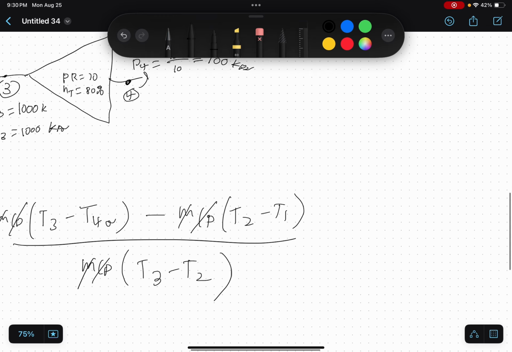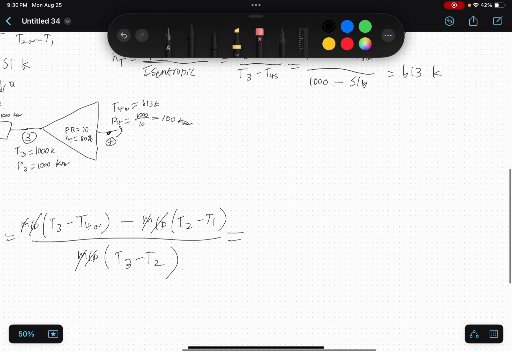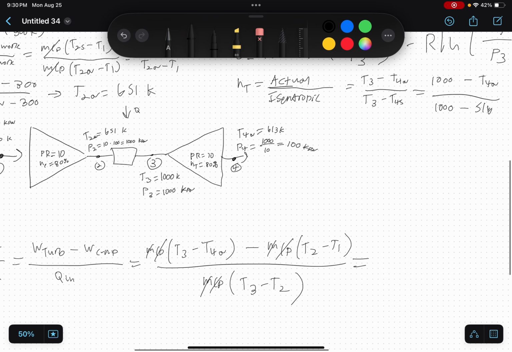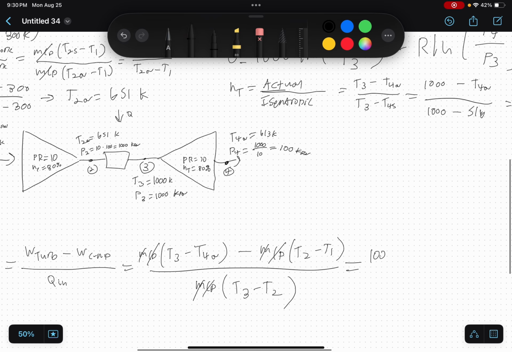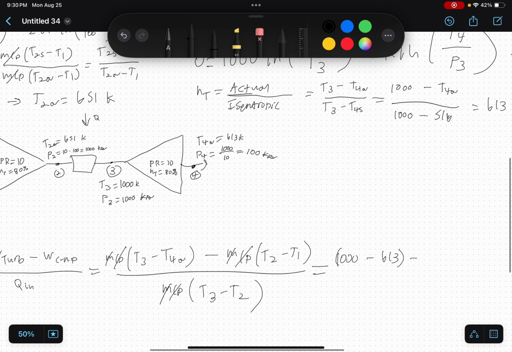So you're left with just these. T3, 1000 minus 613 minus 651 minus 300 over 1000 minus 651.